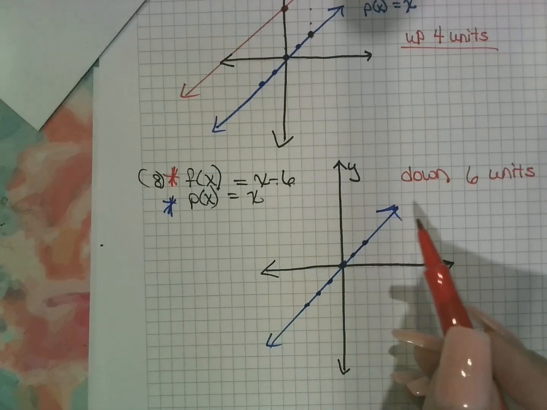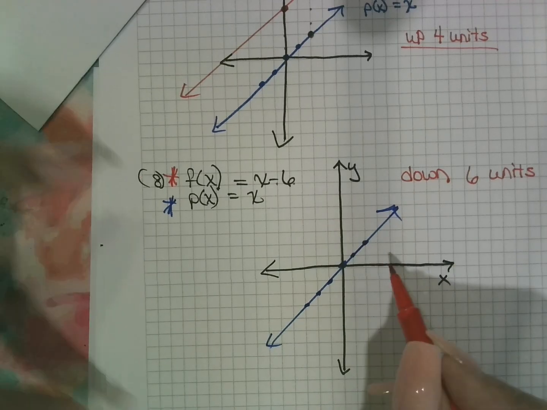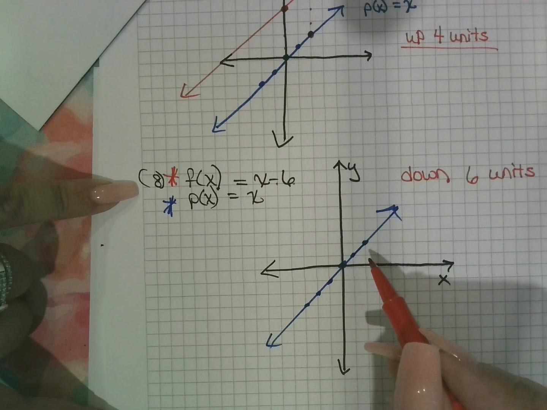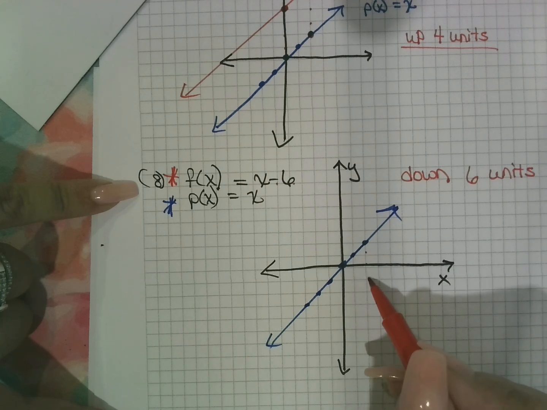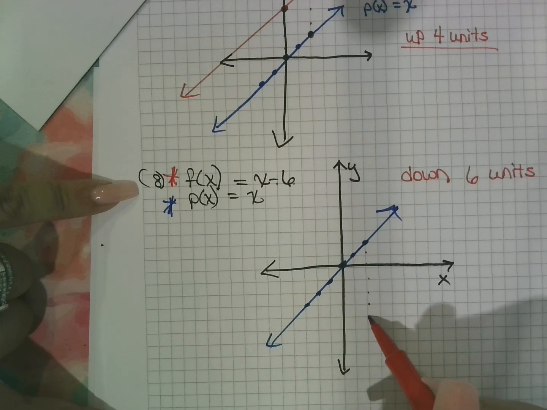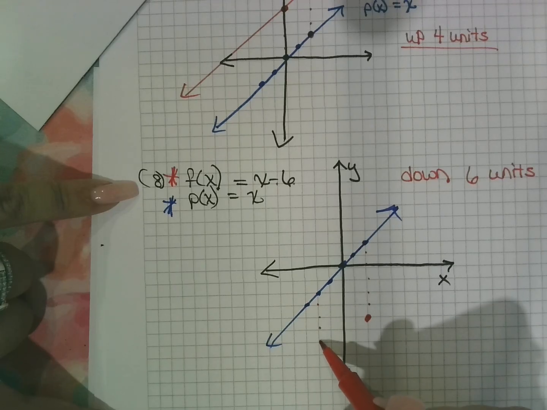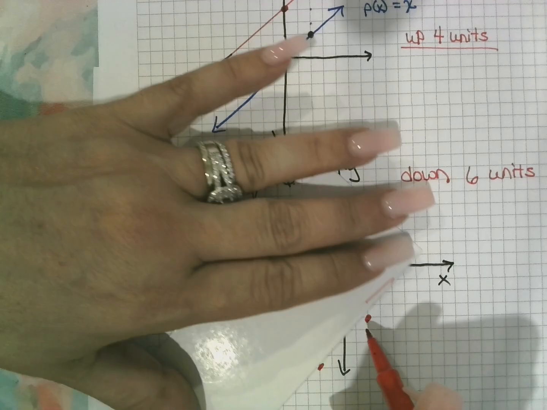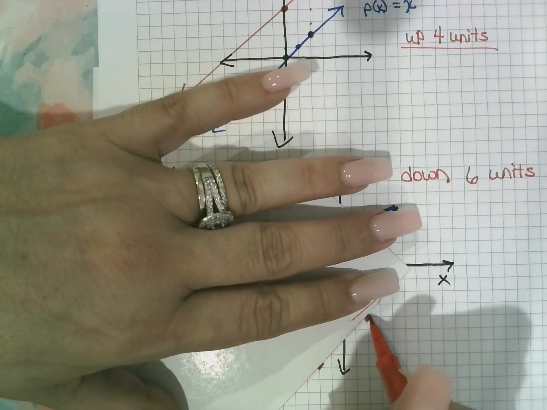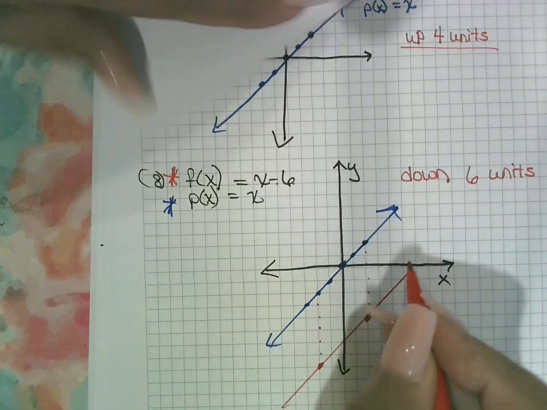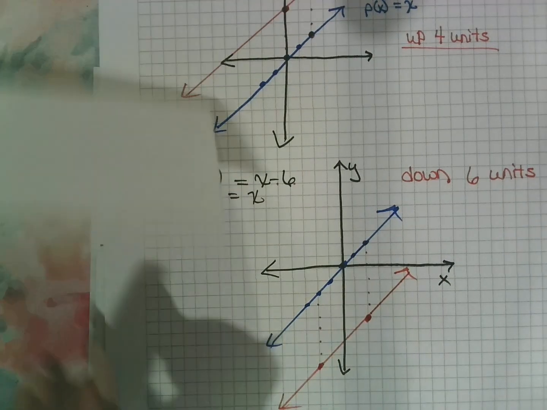So all I'm going to do is bring a couple of points down 6 units. So 1, 2, 3, 4, 5, 6. And 1, 2, 3, 4, 5, 6. And we're going to connect those 2 points. And we are done.